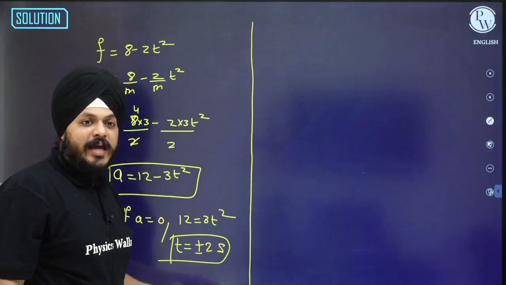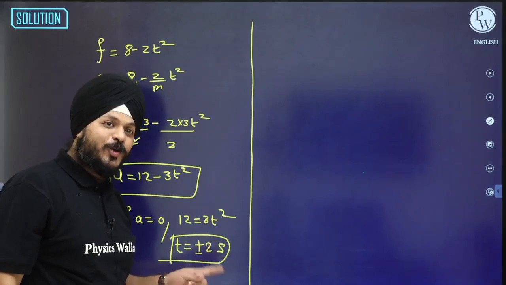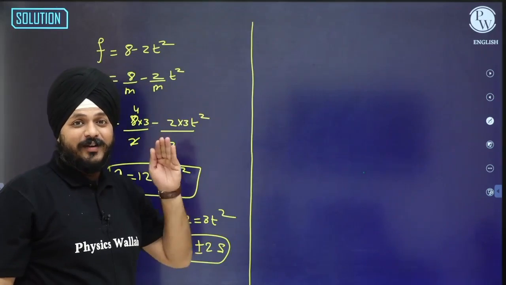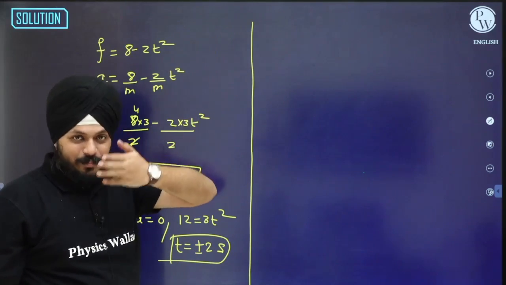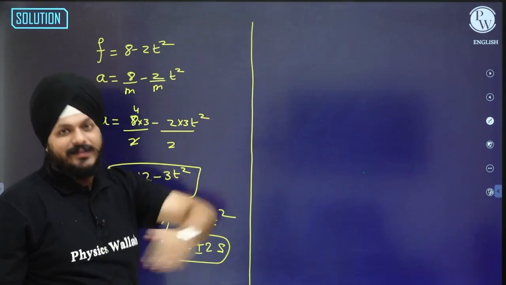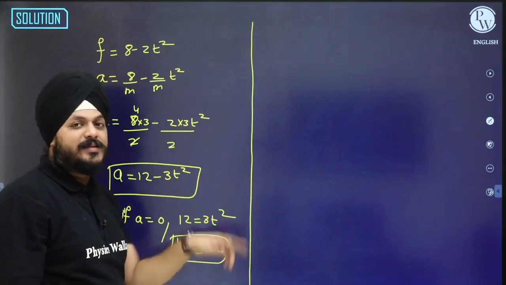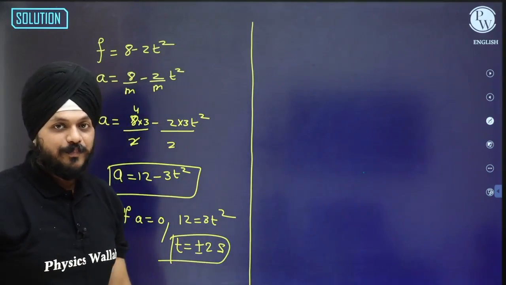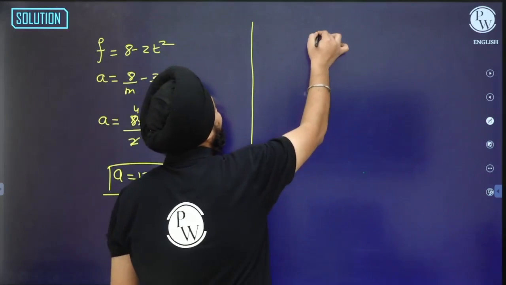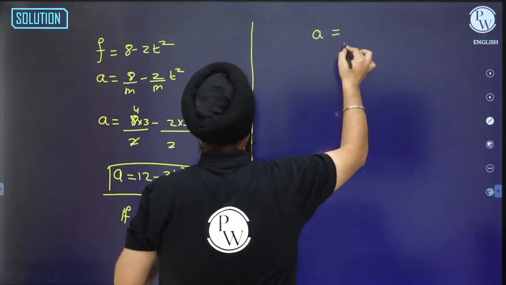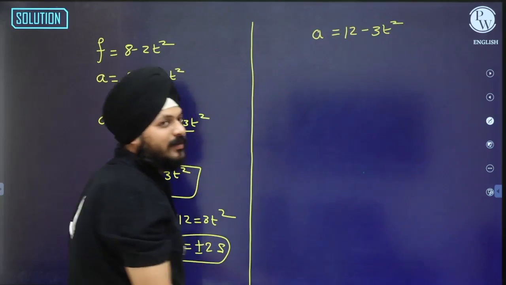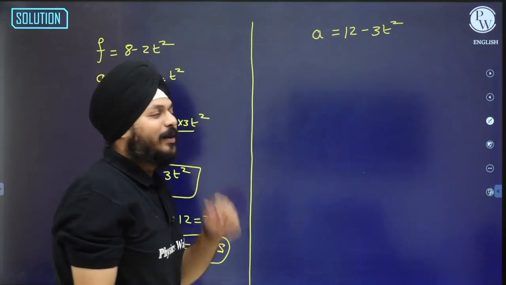First, acceleration is going to be 0 at minus 2. And it was mentioned in the question that the motion is about to start and suddenly acceleration appears. So first it happens at minus 2 and second it is going to happen at plus 2. Obviously, acceleration is 12 minus 3t square. It reminds us of the calculus method.